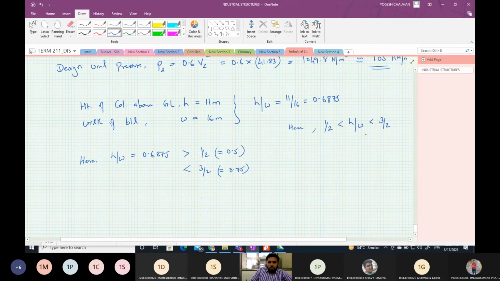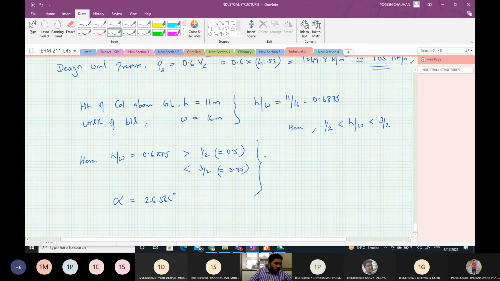So we have to look into this category of the table in IS 875, and here alpha is 26.566 degree.